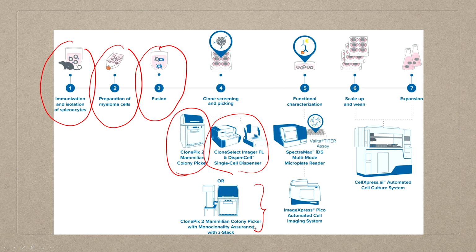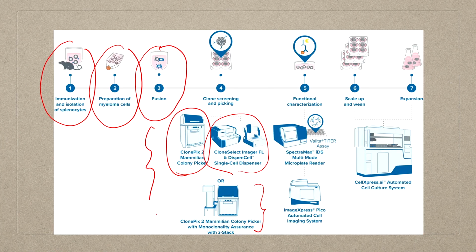As I mentioned, there are multiple modalities now being used for clone selection. Otherwise, it used to be a very tedious process. You had to really go under the microscope, observe each and every colony, and pick it up. But now this whole process has been automated.